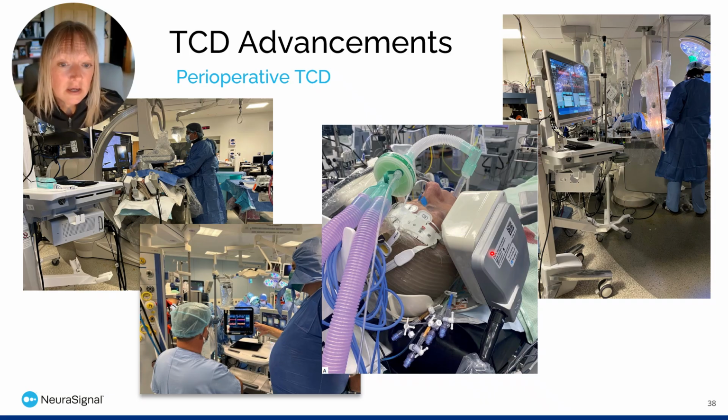As you can see, we are able to put this system on patients when there are so many things in place, and we can easily fit in an operating room when there are so many things around the patient as well.